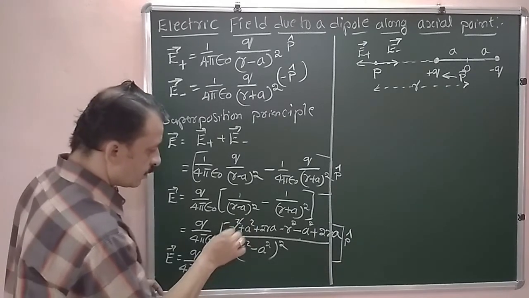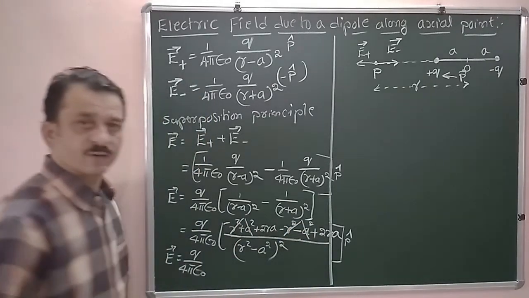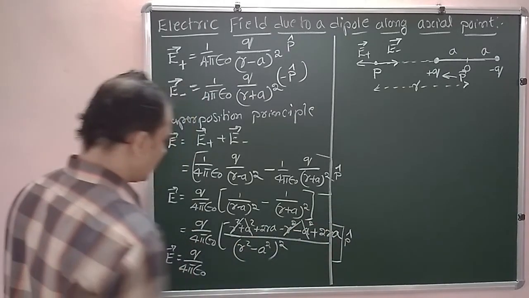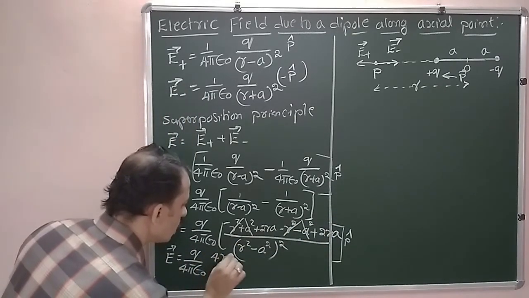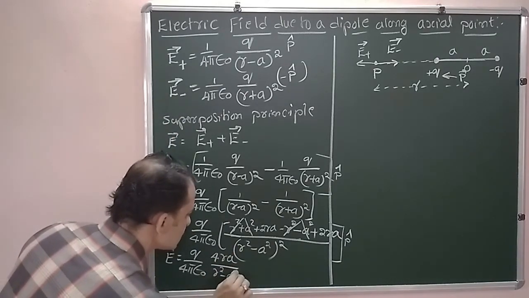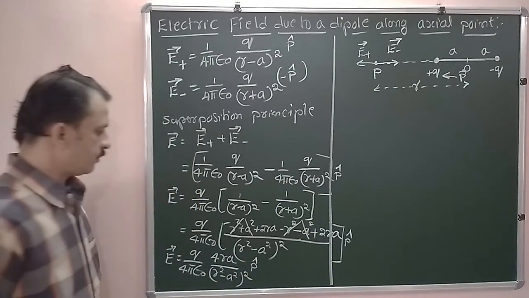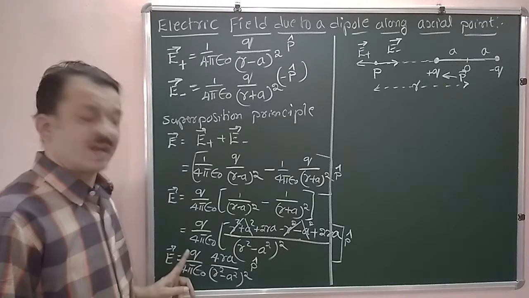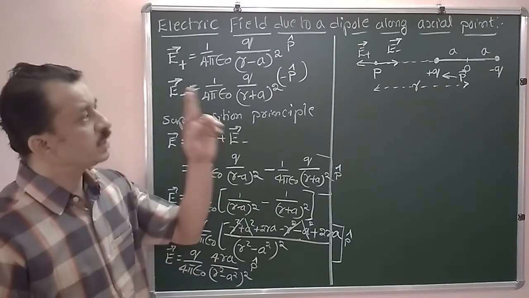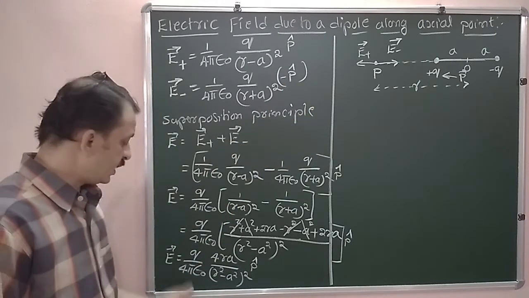Look here, plus r square minus r square, plus a square minus a square get cancelled. 2ra plus 2ra is 4ra divided by the denominator (r square minus a square) whole square, with p cap. Now this is the expression for electric field due to a dipole along the axial point.